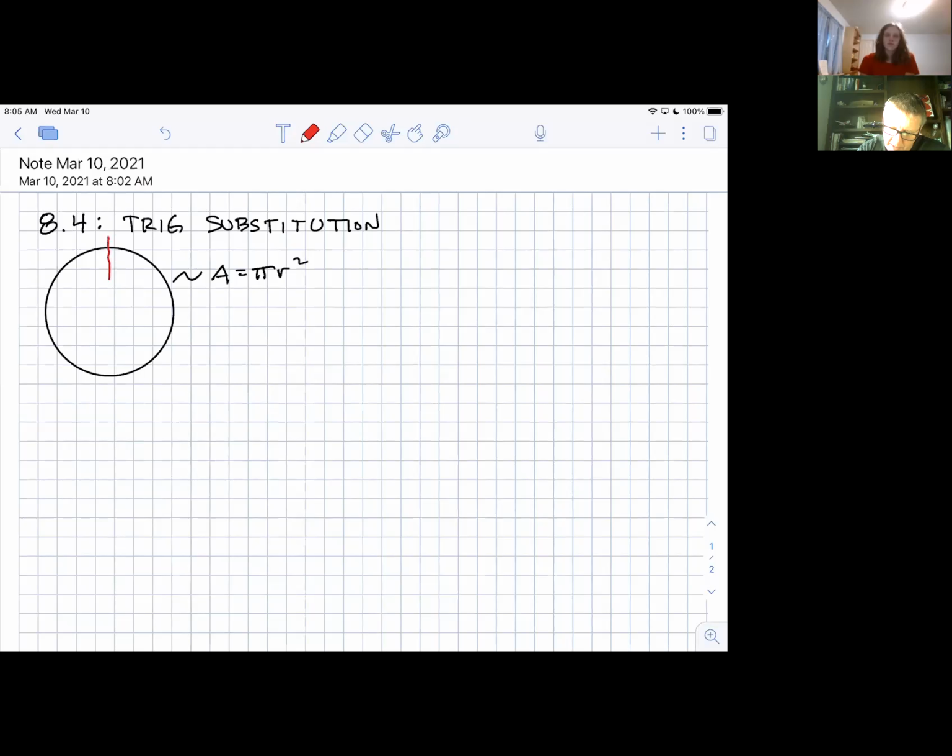If I stuck this circle on a piece of graph paper like so, and I want to give you a second to think about this, and I thought of this circle as having a radius of r, thus, as you know, its equation would be x squared plus y squared equals r squared.